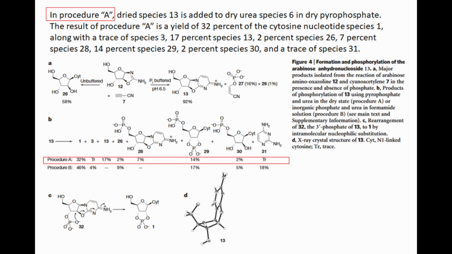The result of procedure A is a yield of 32% of the cytosine nucleotide species 1, along with a trace of species 3, 17% species 13, 2% species 26, 7% species 28, 14% species 29, 2% species 30, and a trace of species 31. These percent products are shown for procedure A in figure 4b.